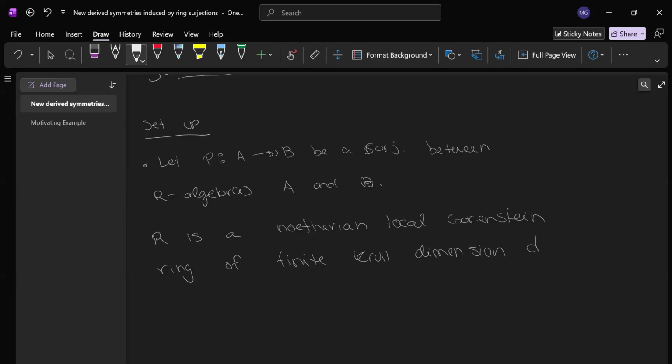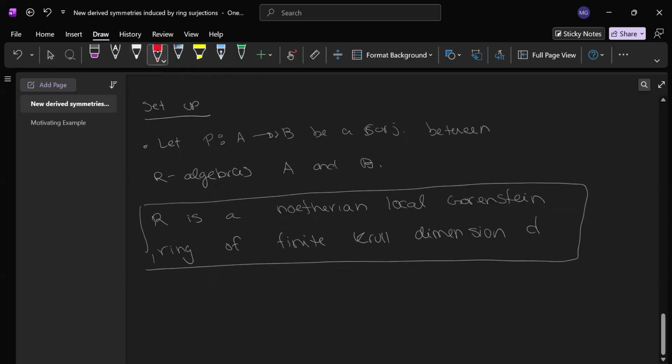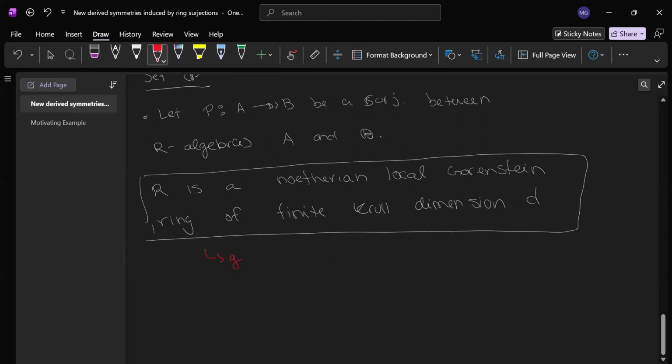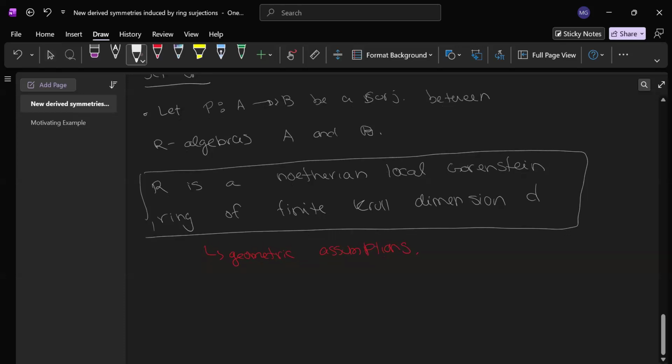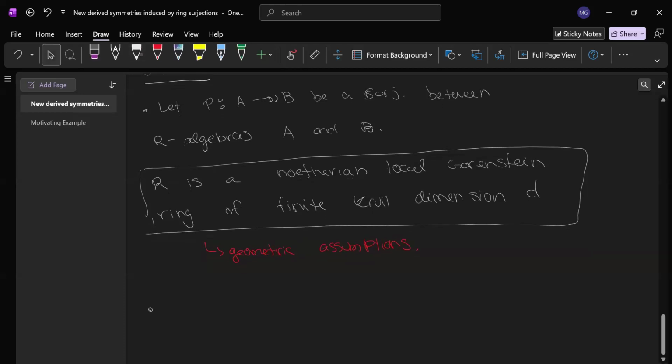And let's say that this finite Krull dimension is D. These assumptions here, they're what I like to call geometric assumptions, because in the examples and settings that we consider in geometry, these are naturally satisfied. Okay, and then we're going to place an assumption on A. We're going to assume that A is a Gorenstein order.